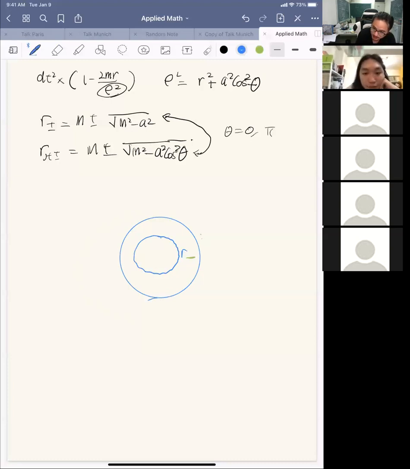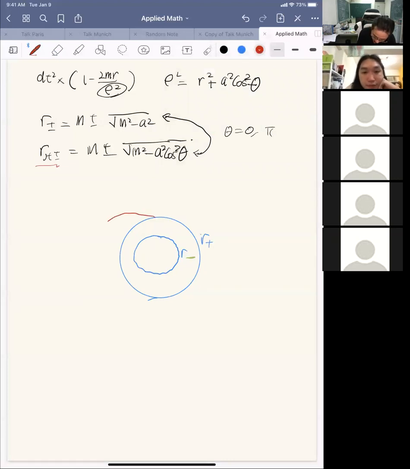But now it's not concentric. This is r plus, the outer horizon. And then we also have these r_h plus and minus. So r_h plus is going to be bigger than r plus, but it's going to match r plus at theta equals 0 and pi.